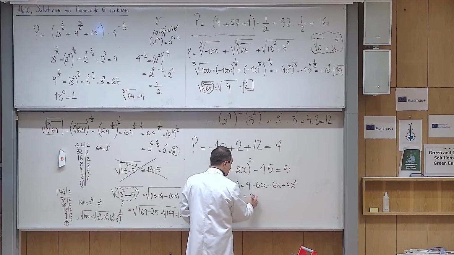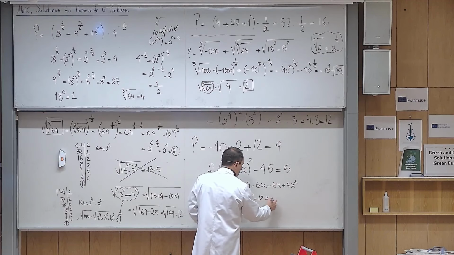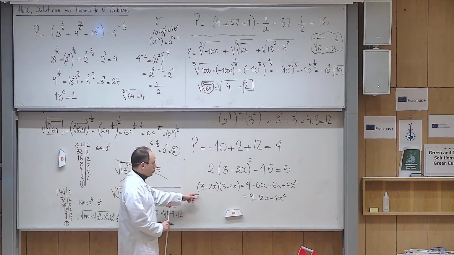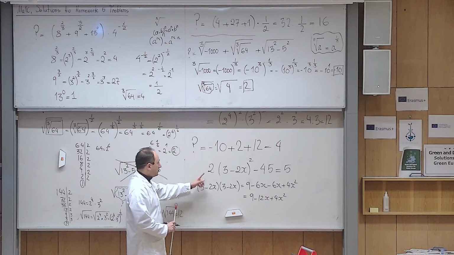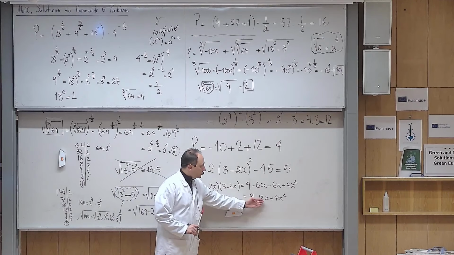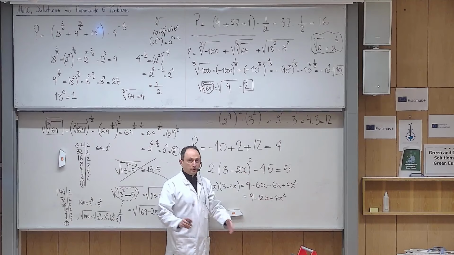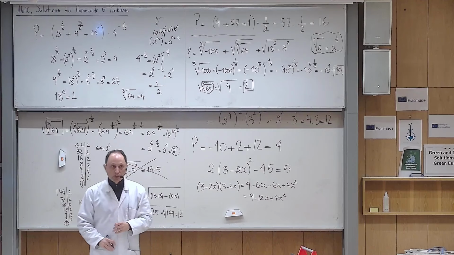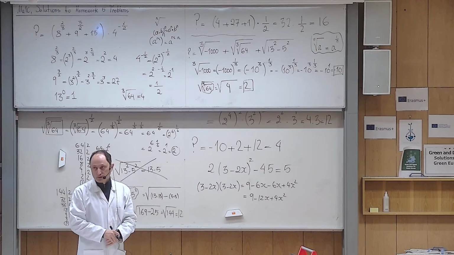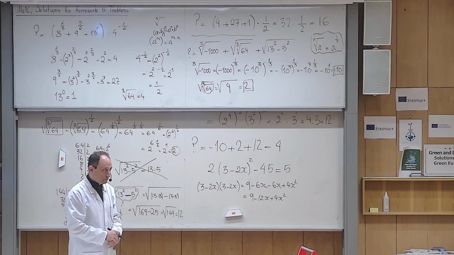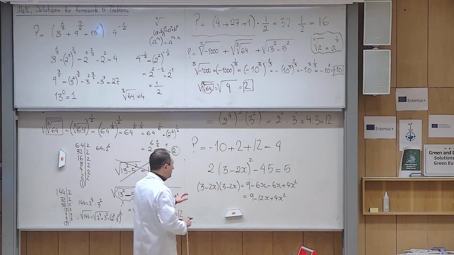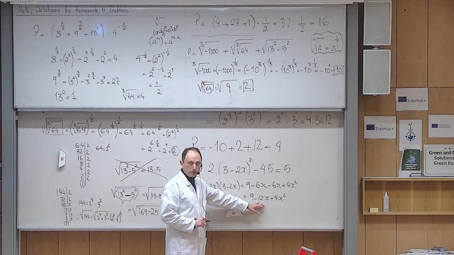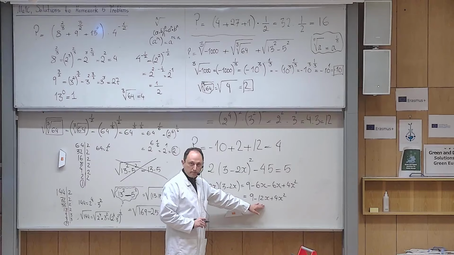The people who did it in that way, I would say that is very good. At least they understood that this is the correct way of doing it. But then you have to multiply this by 2, subtract 45. It becomes an equation which is completely correct, but this is not the way that we have learned to solve it, and we will learn it in Ma1c. So if you did it in that way, then of course I will give you some points, because at least you did it in the correct way.